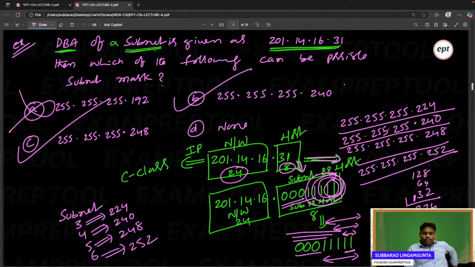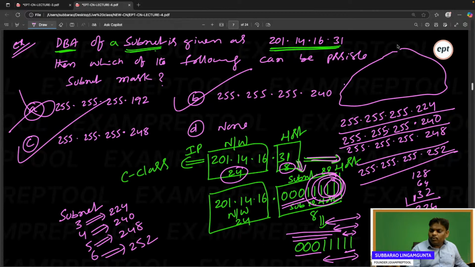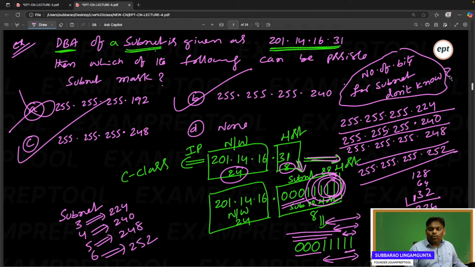We don't know in this problem. Those people who are not getting it, you can highlight this. In this problem, the issue is that the number of bits for the subnet is unknown. That is the issue.